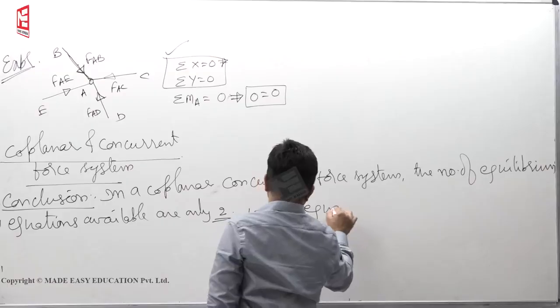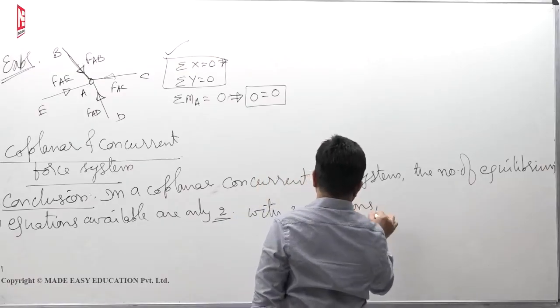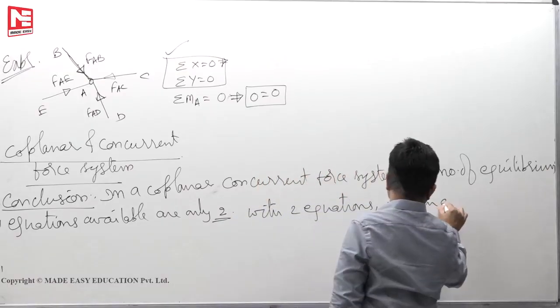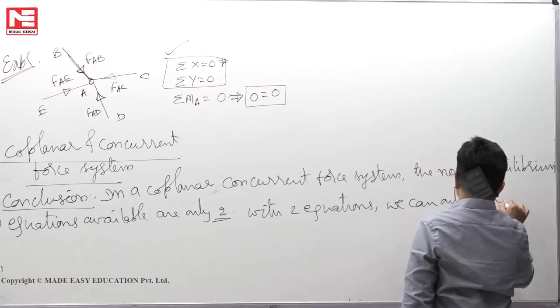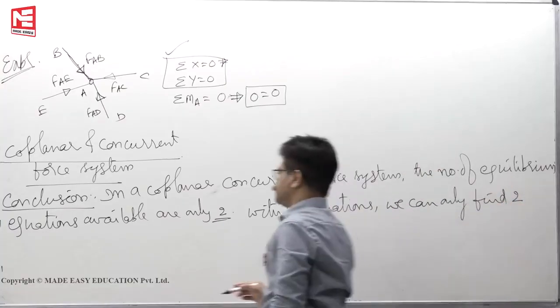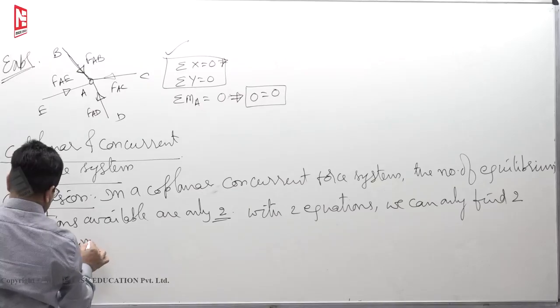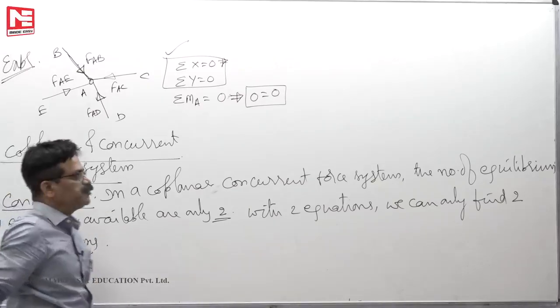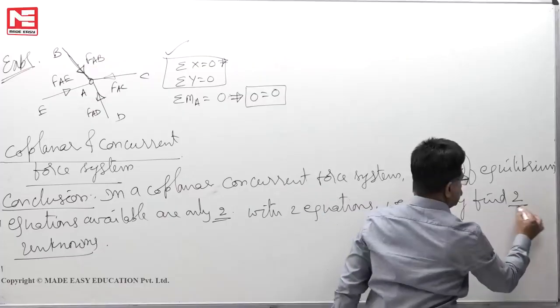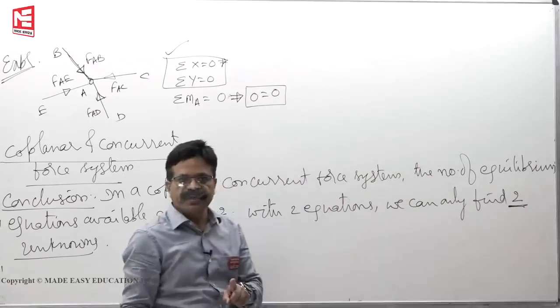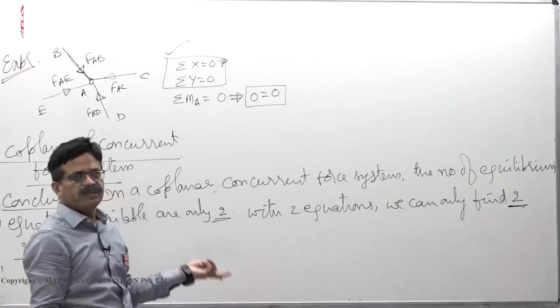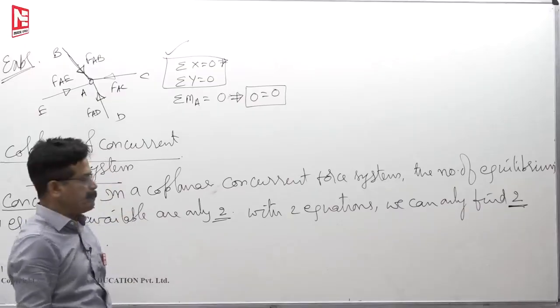With 2 equations, we can only find 2 unknowns. That means you must select a joint where only 2 unknowns are there. Only then you can use the method of joints.